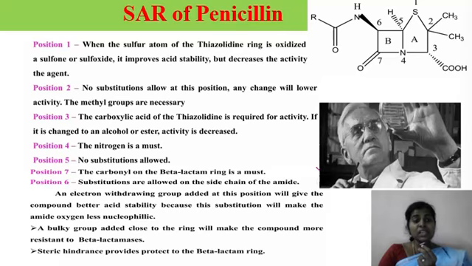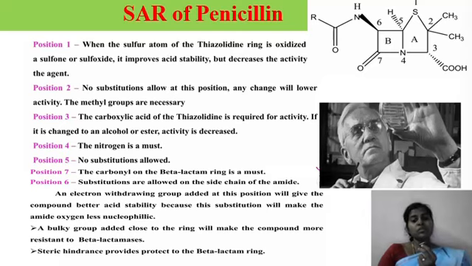It increases the lipophilicity as well as improves the oral absorption. Now, substitutions at the C2 position: we have a 2,2-dimethyl group. One methyl group lies above the plane and the other lies below the plane. Modification of this position may sometimes improve the activity, but the dimethyl group is characteristic for most penicillins.